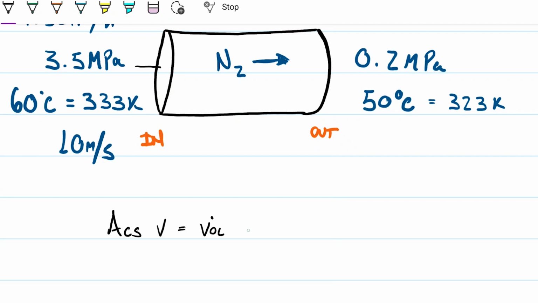The other thing to be aware of is that if I want to find the mass flow rate, I can relate the volumetric flow rate to the mass flow rate by using the idea of specific volume, which is just the volume divided by the mass. If this specific volume is a constant, the volumetric flow rate is the mass flow rate times the specific volume.